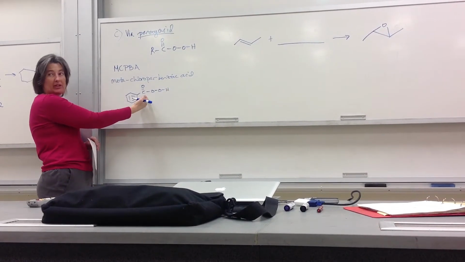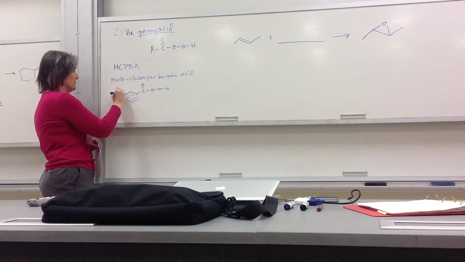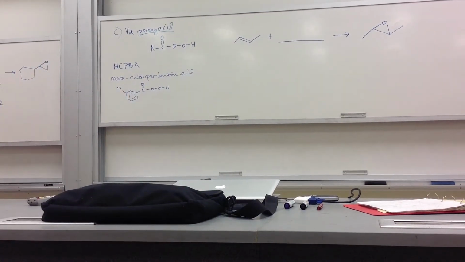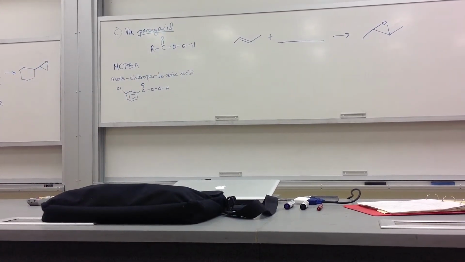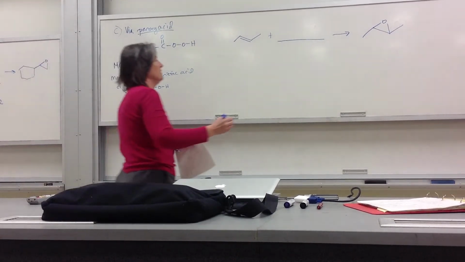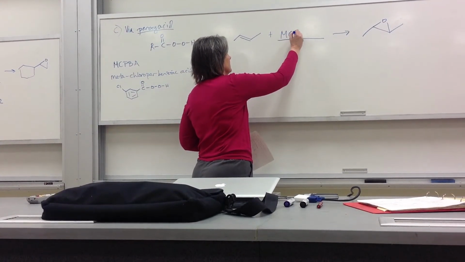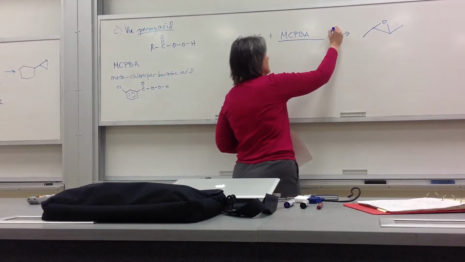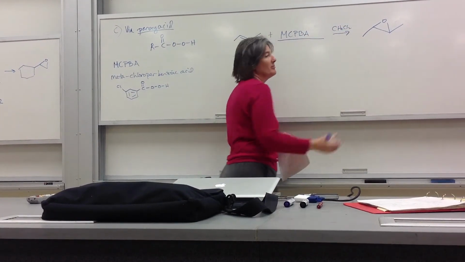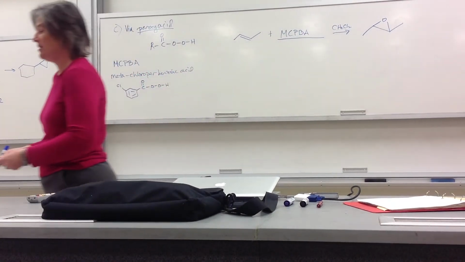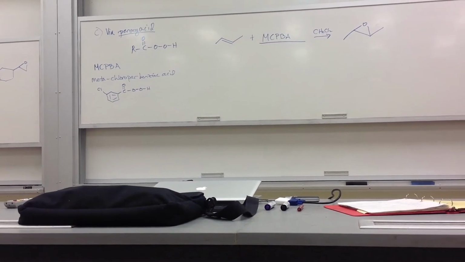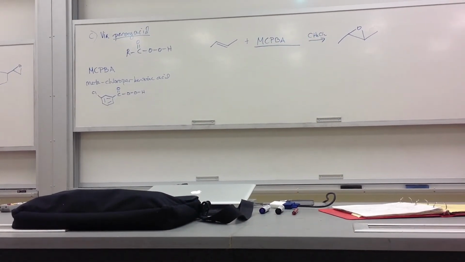There's the perbenzoic acid. Metachloro is right there. That's MCPBA. So what I would put here is MCPBA, solvent, something inert. Methylene chloride is a real common one. And you get this epoxide.